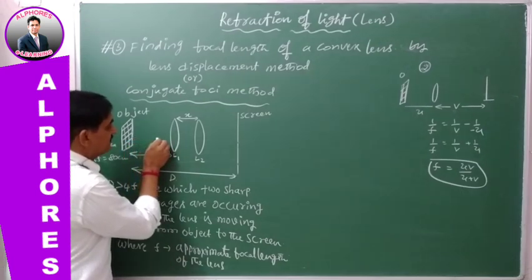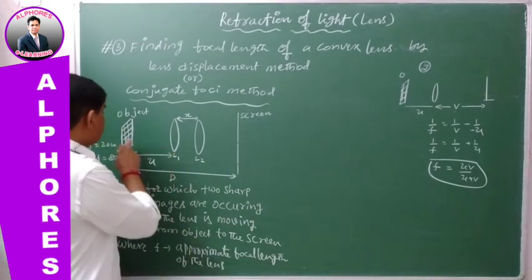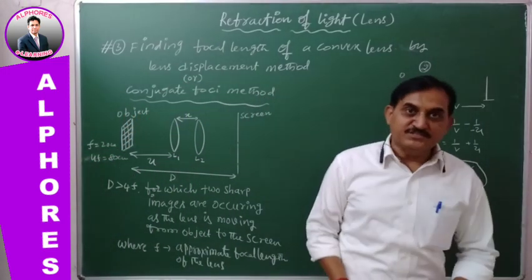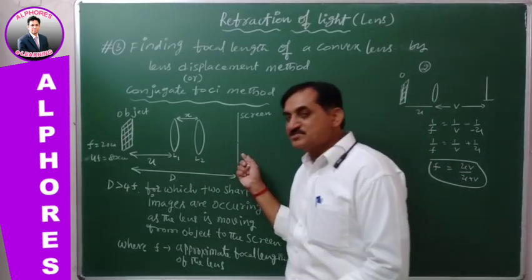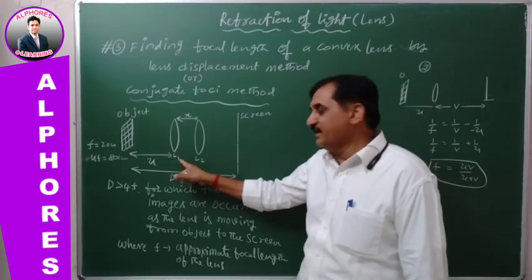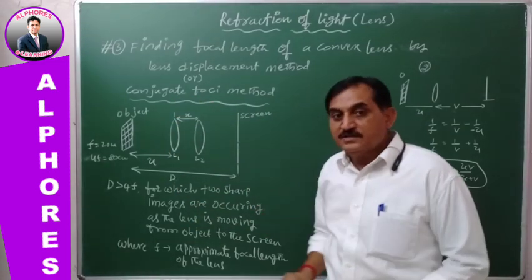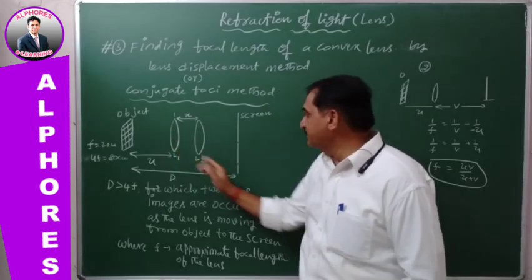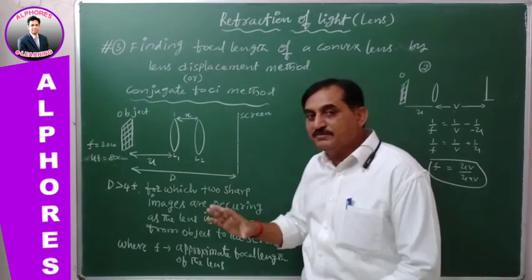As you move this lens towards the screen, at one particular position, say L1, a clear and magnified image is obtained on the screen, which is sharp. Now if the lens is moved further slowly, this already sharp magnified image will be disturbed.